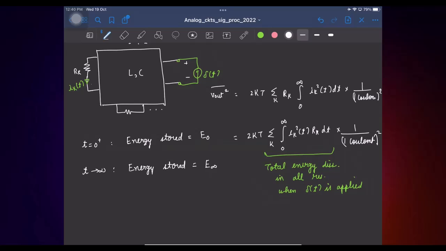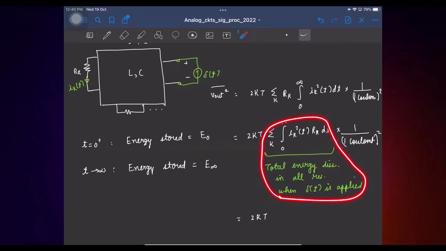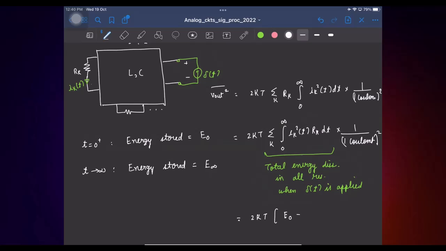So this is basically 2kT times this entire thing, which is the total energy lost. That is basically E0 minus E infinity. Again, just to be dimensionally consistent, it's 1 coulomb squared. So now we seem to have gotten some expression for the mean square noise in terms of the two energies.